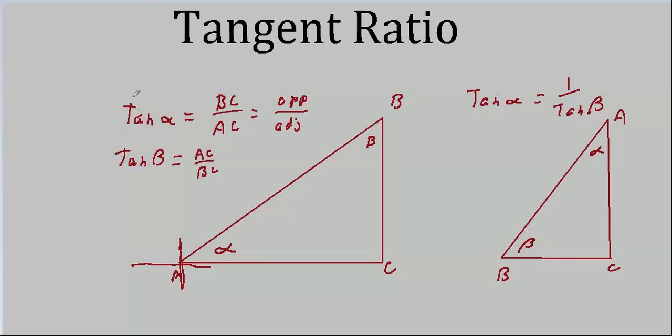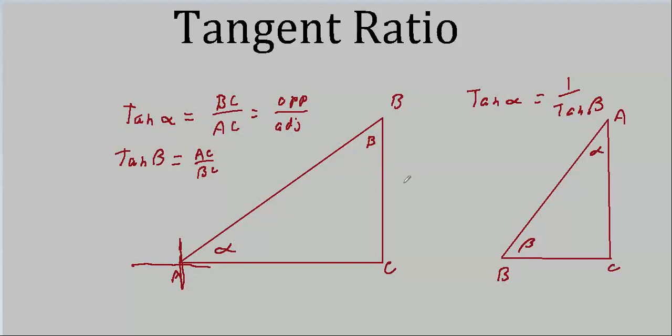It's a fairly simple idea, but it gets used a whole bunch. And you just have to remember opposite over adjacent. There's a mnemonic we can use to remember these, but I'll have to give it to you when we learn the other two major trig functions. There are two more coming up in future chapters, at which point I can give you a real simple mnemonic that will help you remember which is which.